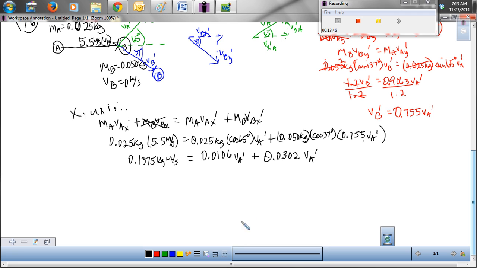Alright, so I'm going to add 0.0106 and 0.0302. Divide both sides by 0.0408.